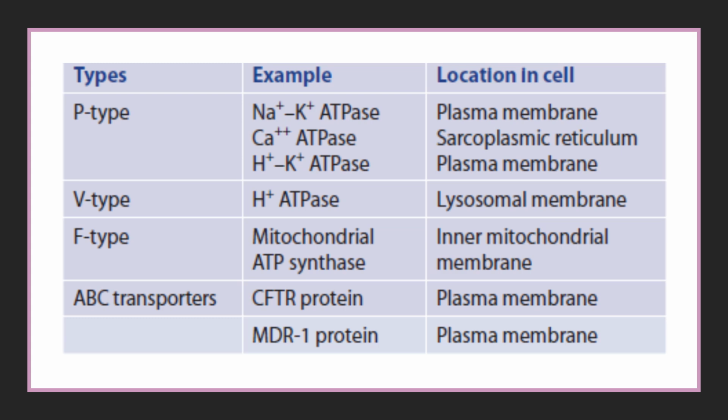Among them, CFTR or cystic fibrosis transmembrane regulator protein is involved in the genesis of cystic fibrosis. And MDR1 protein, that is multi-drug resistant 1 protein, pumps anti-cancer drugs out of cancer cells, which causes drug resistance in the treatment of cancer.